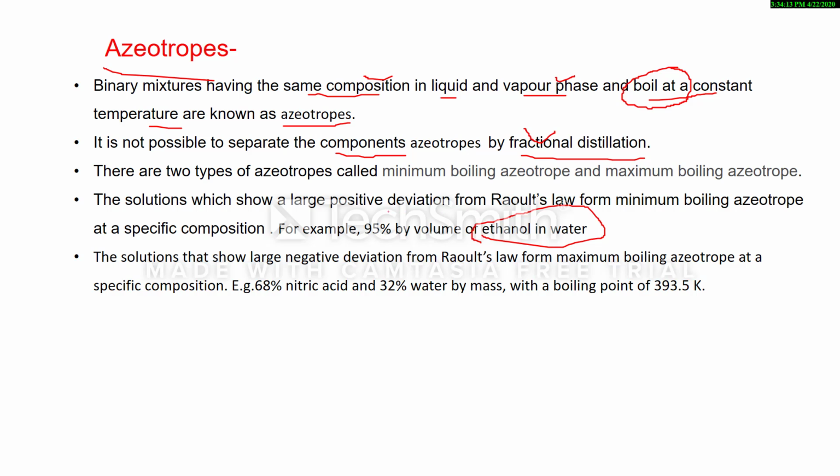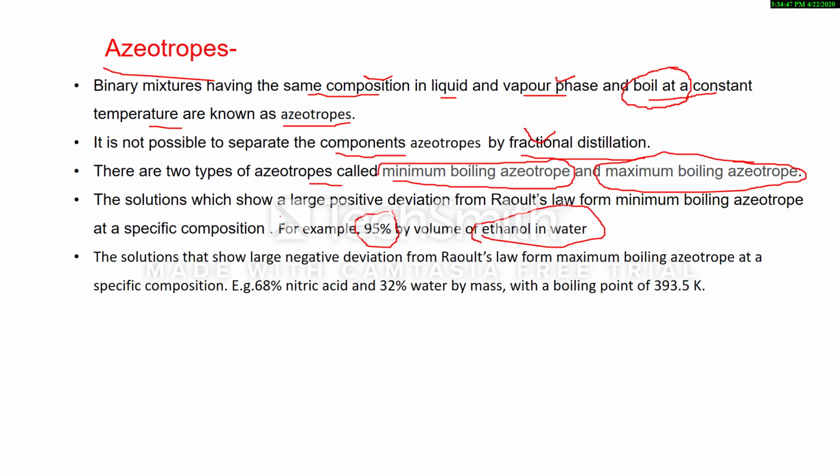But at this concentration, that is 95% ethanol, meaning 95 ml of ethanol and 5 ml of water, if we have this mixture, then both ethanol and water will boil at the same temperature. Is it clear now? Now again on the basis of boiling point, there are two types of azeotropes called minimum boiling azeotropes, and the other is maximum boiling azeotropes.